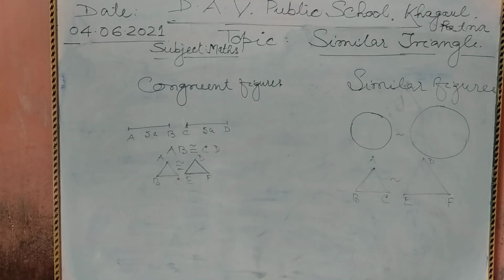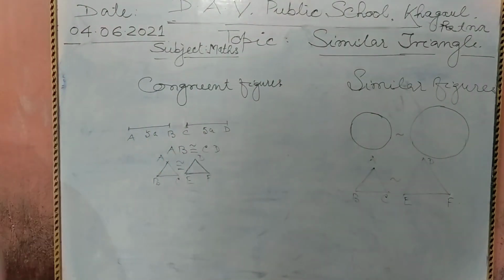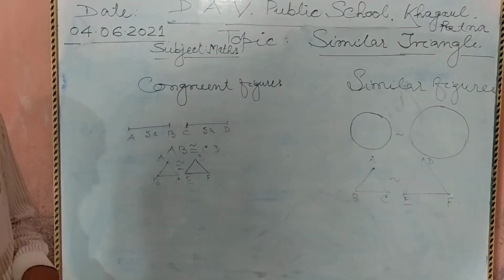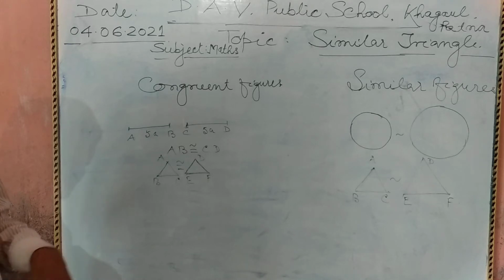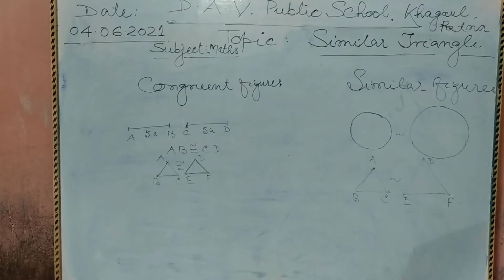Okay? Now like this you can take two triangles of the same shape. Suppose I am taking two equilateral triangles. Both are equilateral triangles. Okay? You know in an equilateral triangle each angle is 60 degrees.